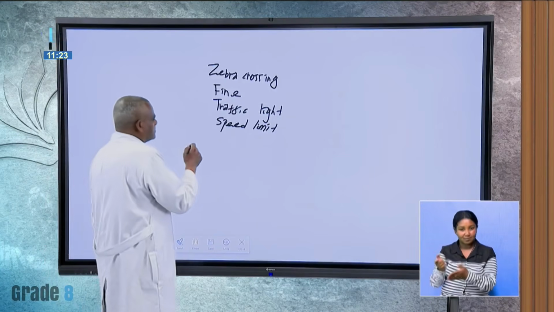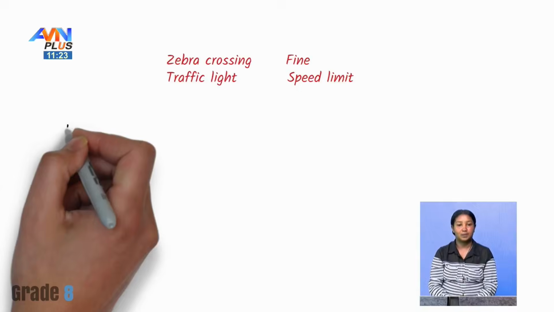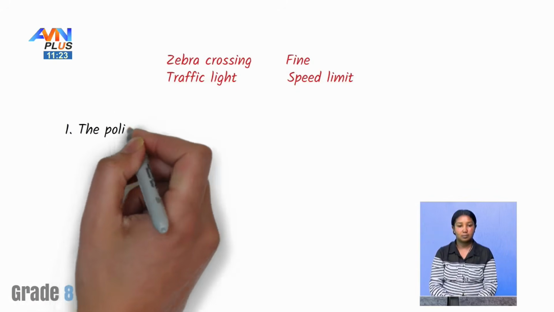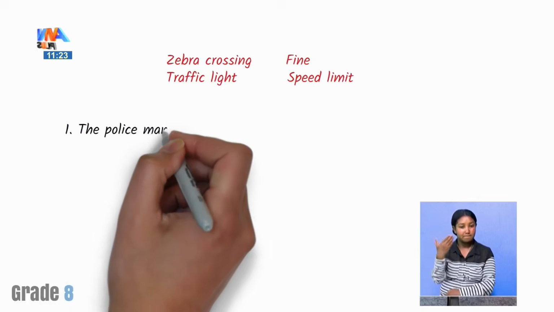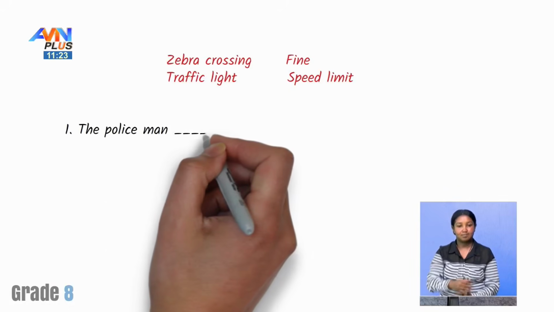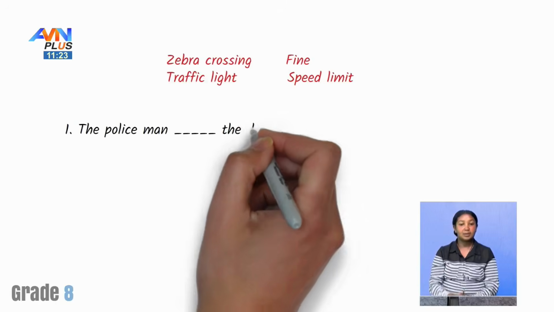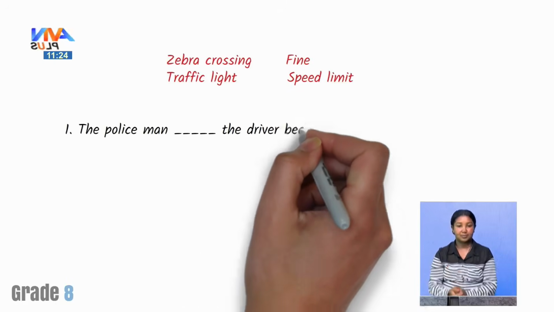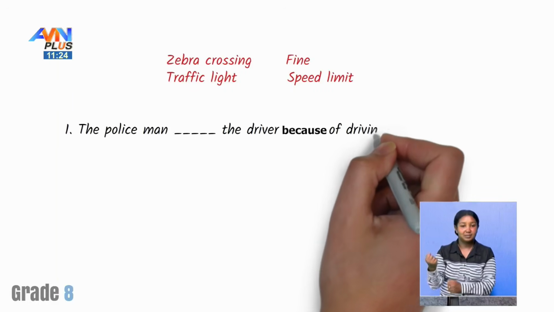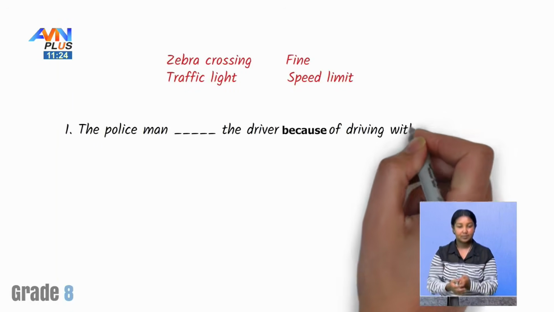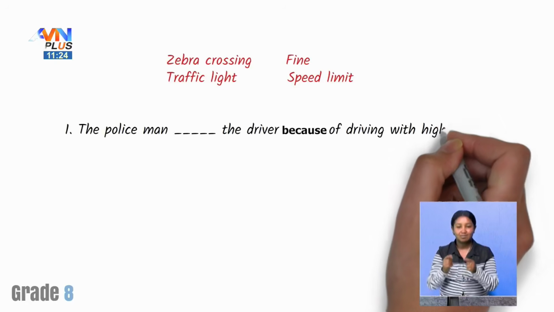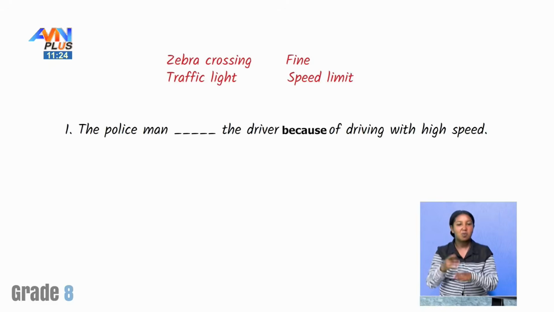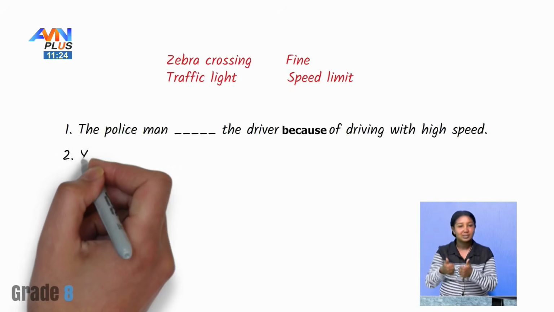I'm going to write. The policeman blank the driver driving with high speed. Blank. Which one do you think is correct?